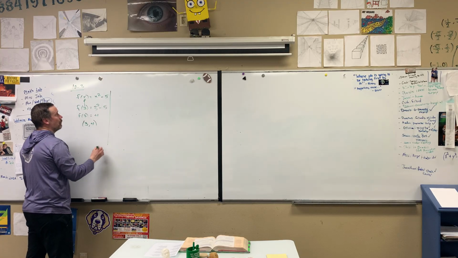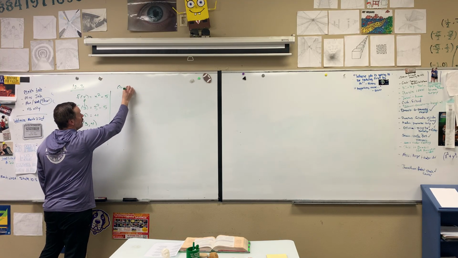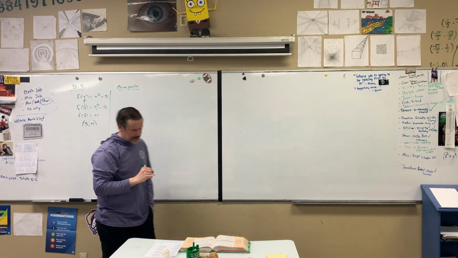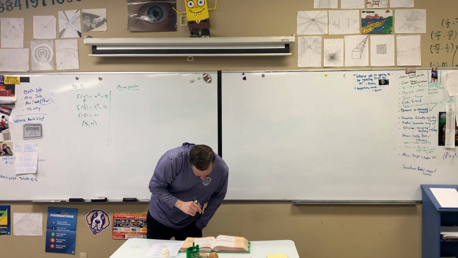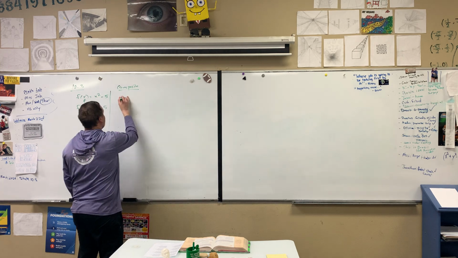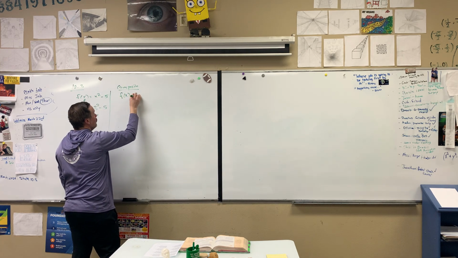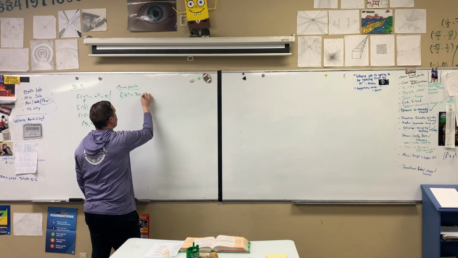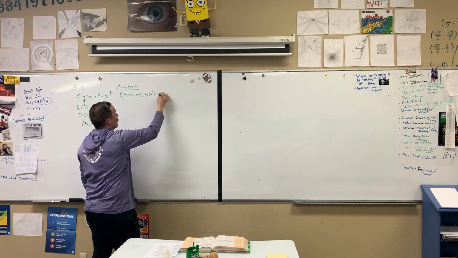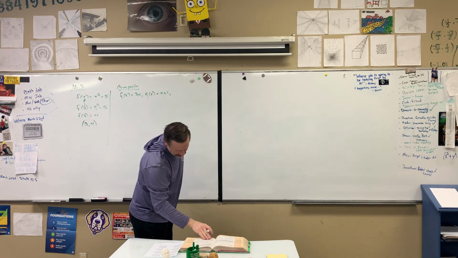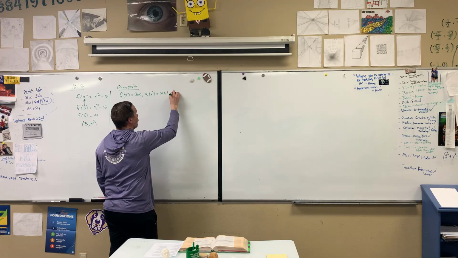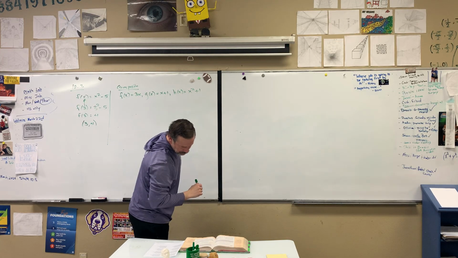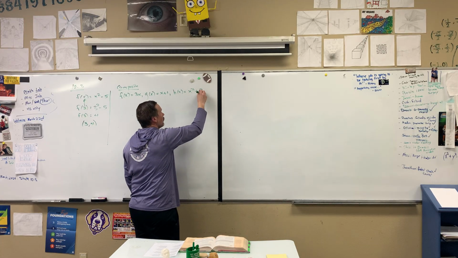Now, a composite function means composed of. If you have f of x equals 3x, and then you have g of x is equal to x plus 1, and then you have h of x equals x squared plus 2.